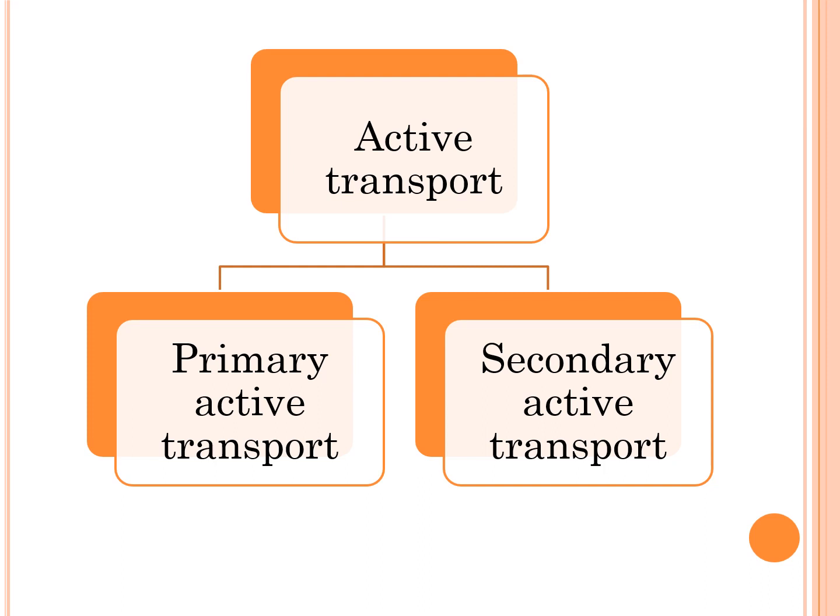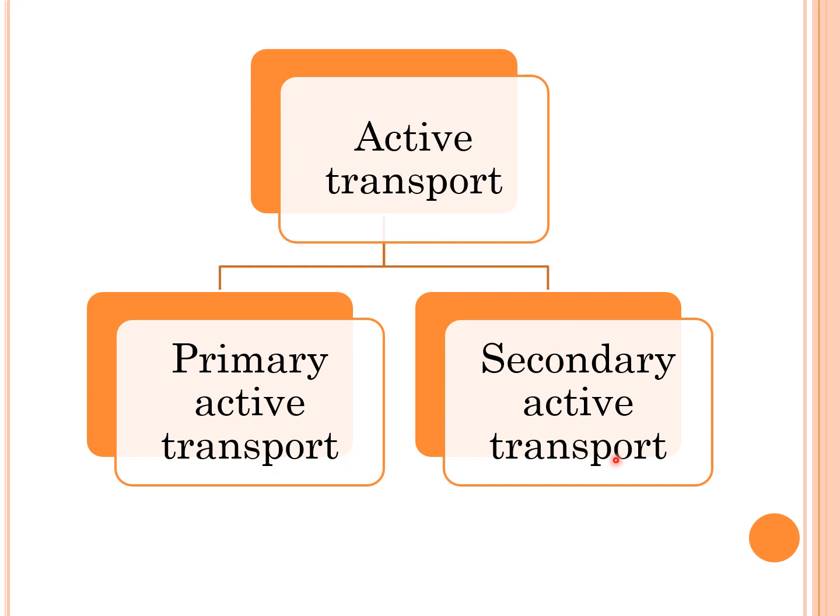We have seen in the picture that to transport substances from lower concentration to higher concentration, we need energy. In primary active transport, the energy is directly liberated by the breakdown of ATP, a high energy phosphate compound. When it breaks down, ADP and phosphate are formed, and this provides energy.